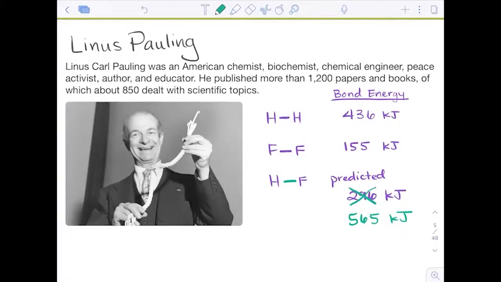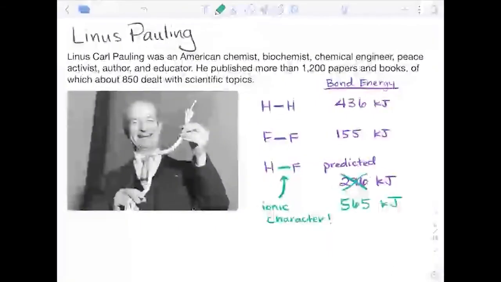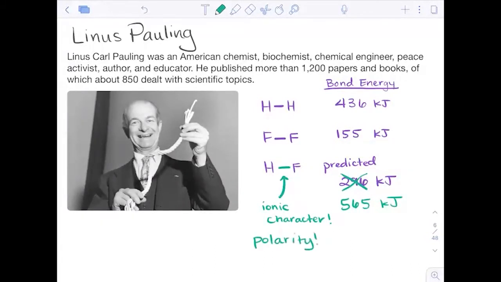And so what he started to say and predict was that HF has some ionic character, and that there is something about the electron attraction and the electron repulsion going on in HF, and he'll start to call this polarity. Now, polarity is going to be a very, very big topic for us in chemistry.